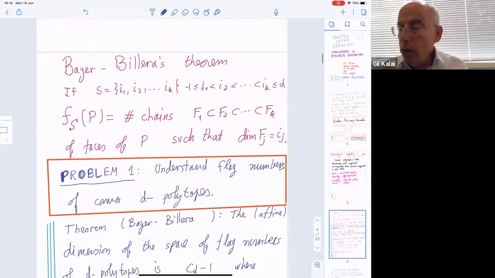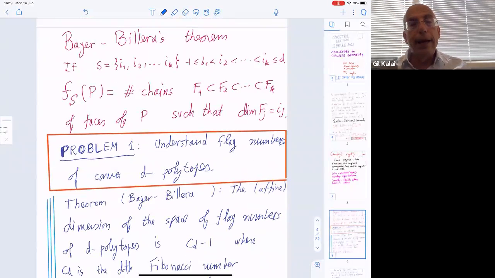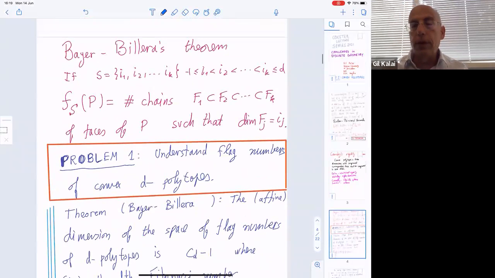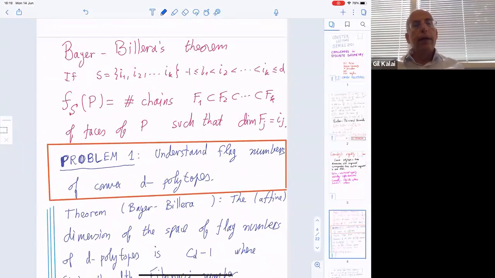Okay, so now I want to start by telling you a remarkable theorem by Bayer and Billera. And for this, we need to talk about slightly more general combinatorial invariants of polytopes than just the face numbers. Those are called the flag numbers, or sometimes the flag face numbers. Let's call them the flag numbers.